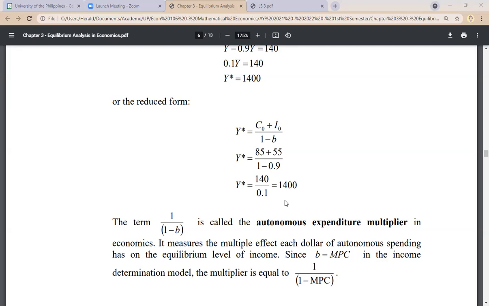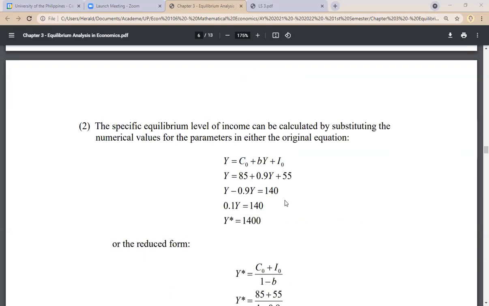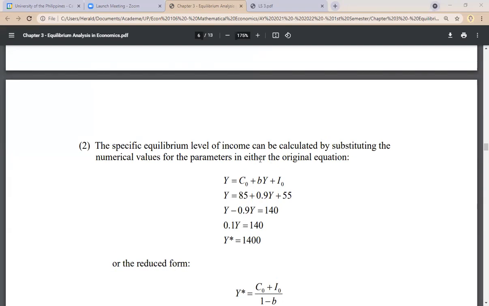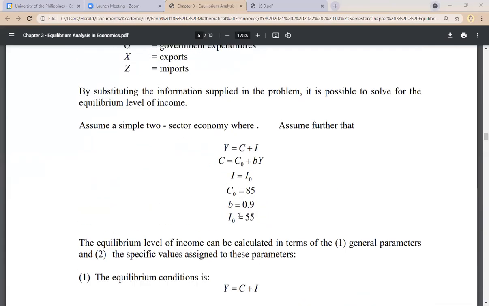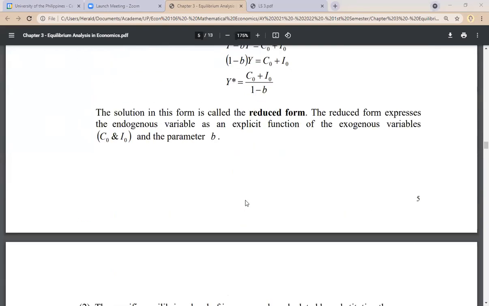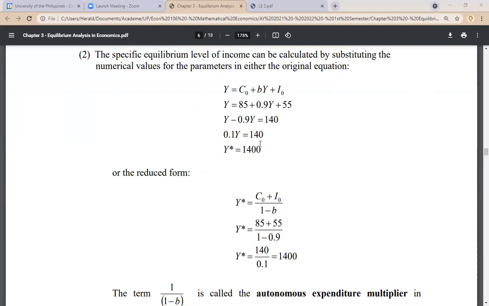Now, in another method, class, because we can also substitute the values directly to the functions, we can just go ahead, substitute these values into this function rather, and then we're left also with y star equal to 1,400. Either way, either you do it in a reduced form or you do it directly, you will end up with the same answer.